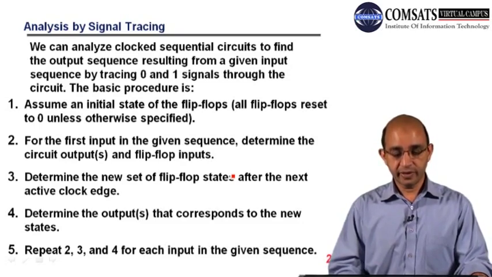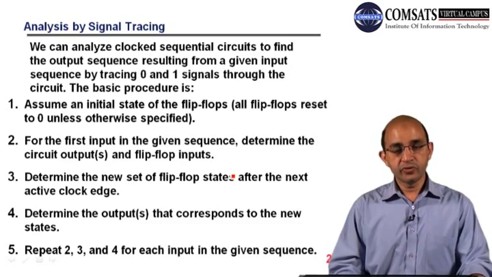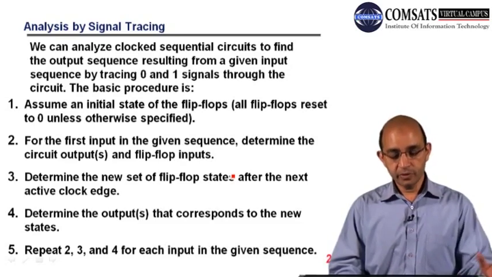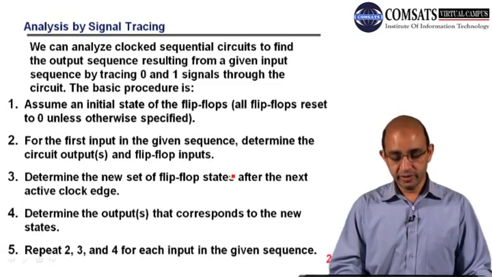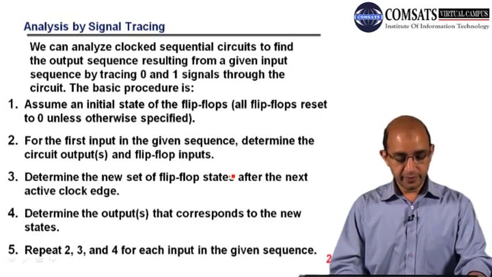Obviously we have to find out the new state, because after the arrival of that clock edge there have to be certain changes or new states. So we have to find out the output that corresponds to the new state.